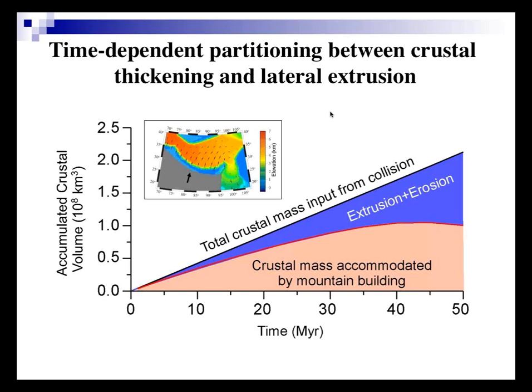This curve says that at the beginning, most of the shortening of the crust was absorbed by thickening and mountain building, but gradually this part reached a limit, and more of the shortening or collision has been accommodated by lateral extrusion. That's why today, with Asian tectonics, you will see a very clear pattern of lateral motions of crustal material.